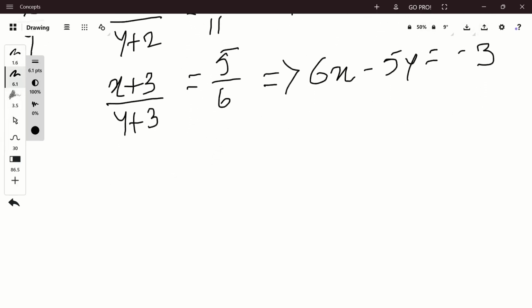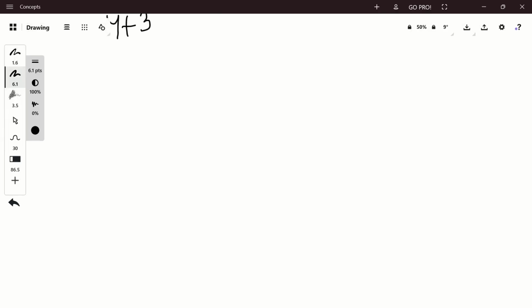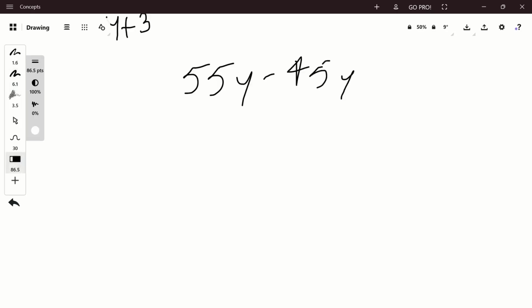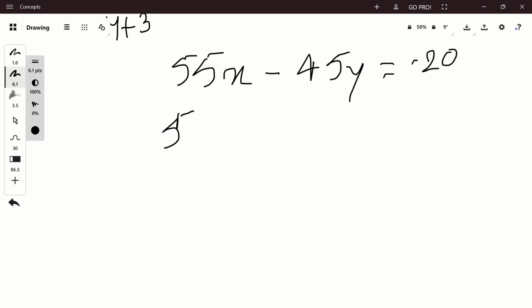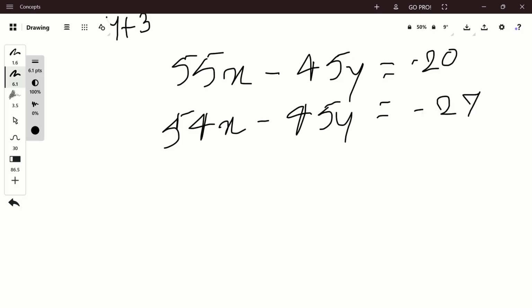Now multiplying the first equation by 5 and second equation by 9 to eliminate y, we get 55x minus 45y is equal to minus 20 and 54x minus 45y is equal to minus 27.